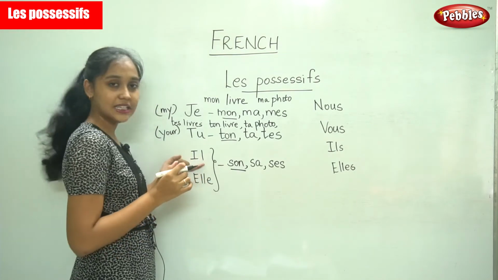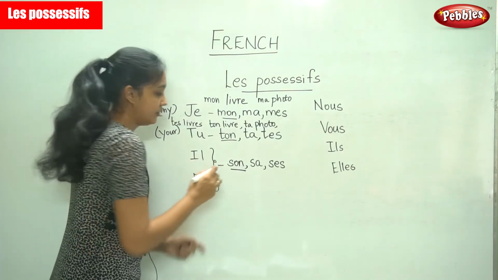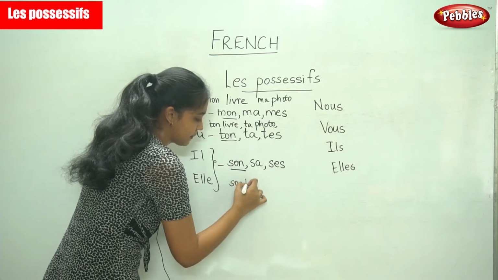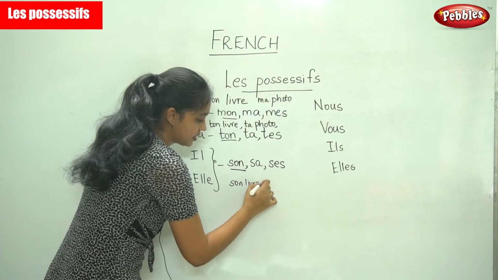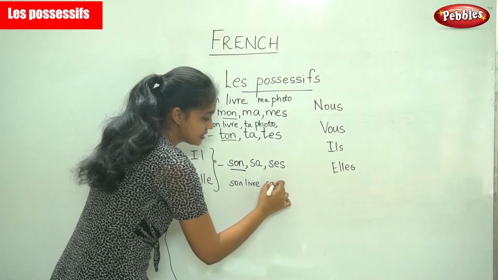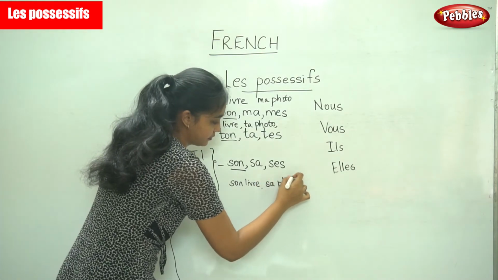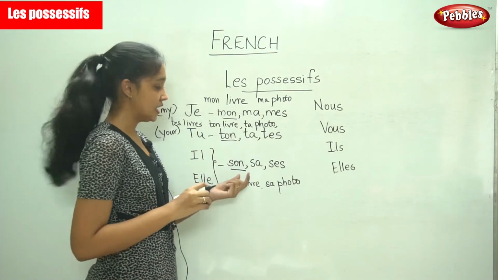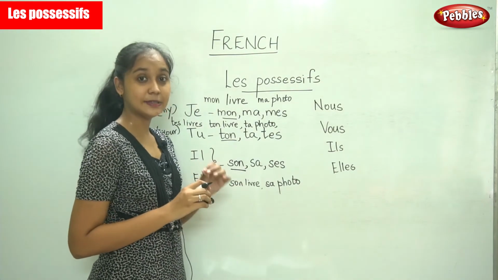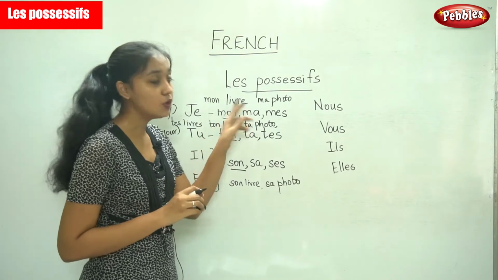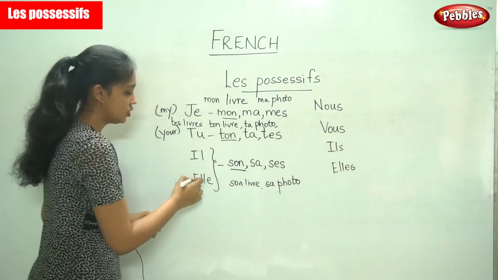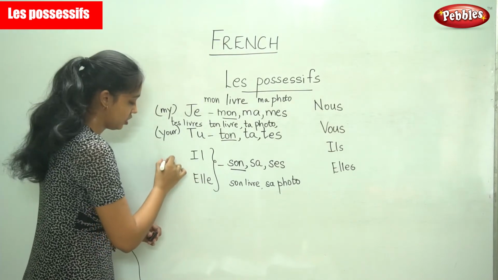So whether it is il or elle, if it is livre, you say son livre. Sa, it is sa photo. So you shouldn't get confused here. These three words depend on the noun that follows it, not on the subject. So it means his or hers.